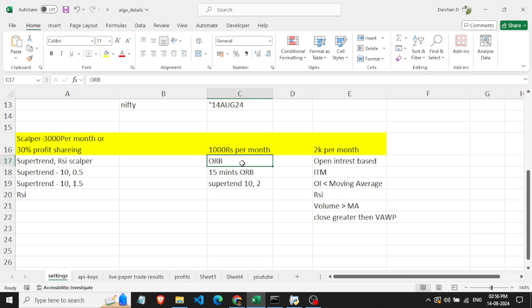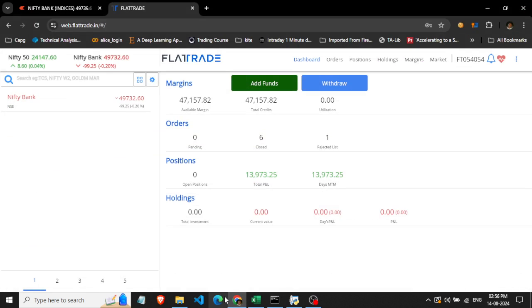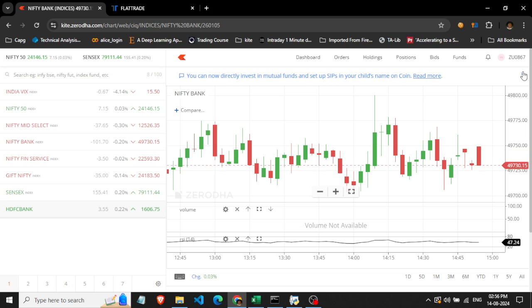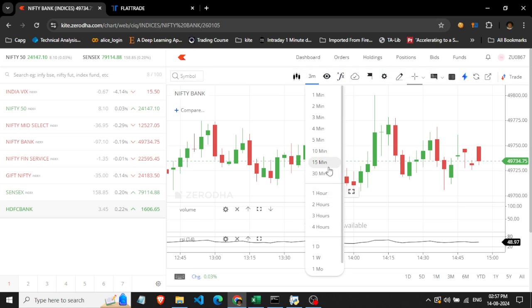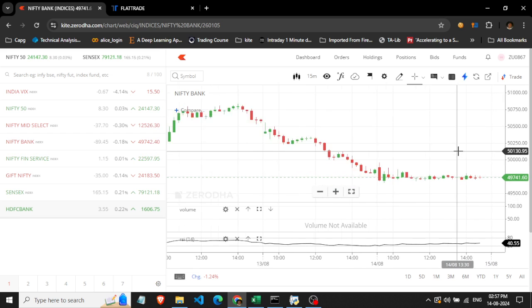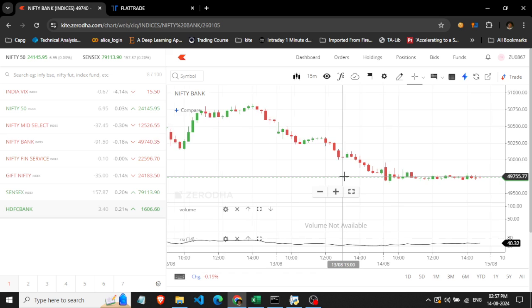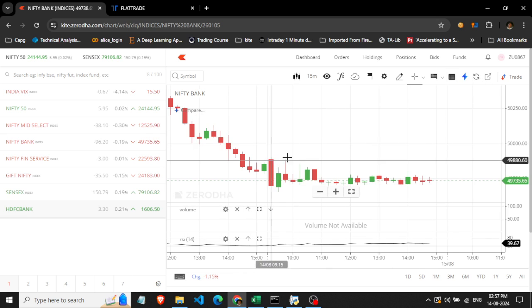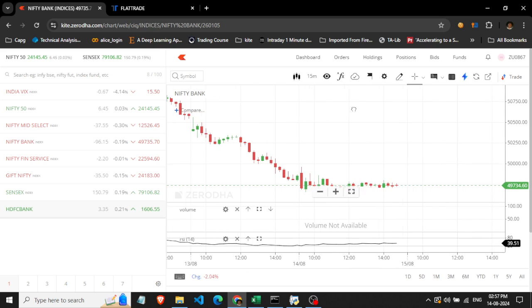And I have two more algos. One is for ORB and another one is open interest based. When it comes to ORB, we will check the 15 minutes breakout. Based on the 15 minutes breakout, in the first 15 minutes we will take the entry. Today there is no breakout movement.